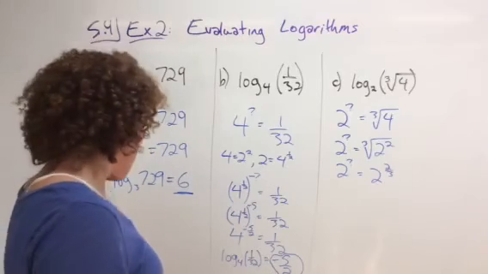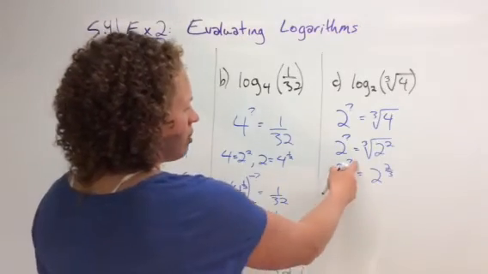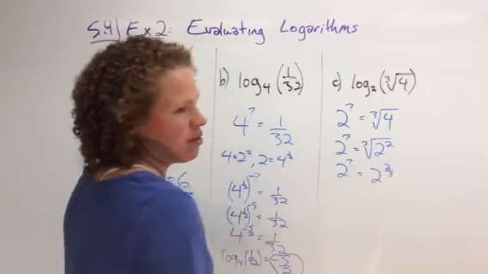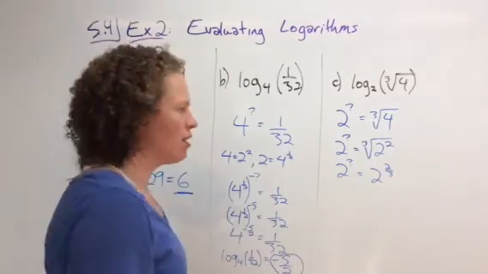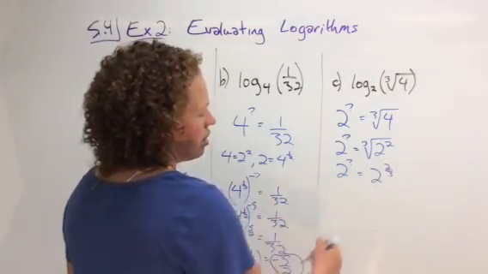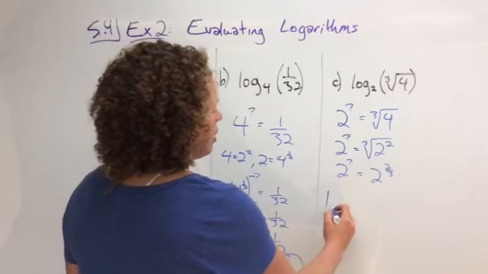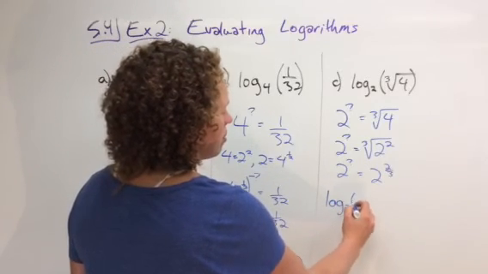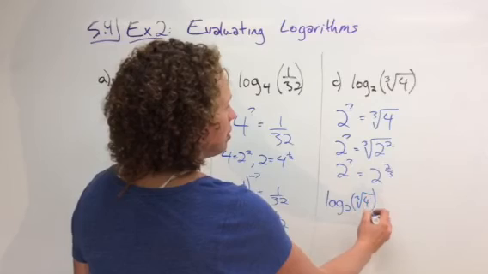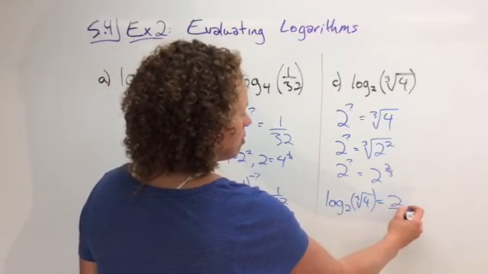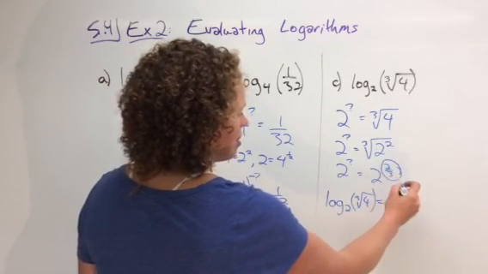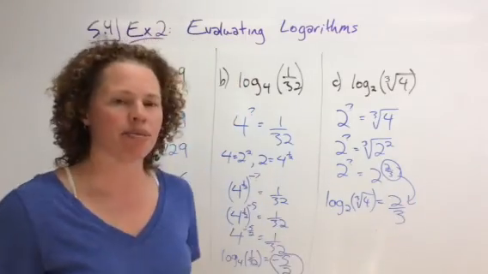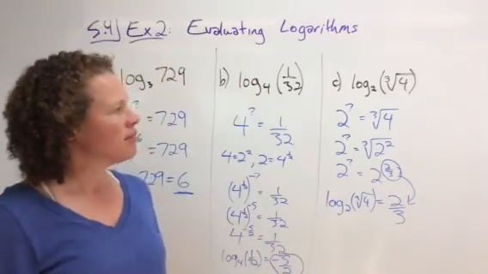So what we've got here is just that 2 to the power of what equals 2 to the power of, they're both the same base, so the question mark is 2/3. Therefore, I can write log base 2 of the cube root of 4 equals 2 over 3, because this is my answer. The exponent is the answer. Yay!